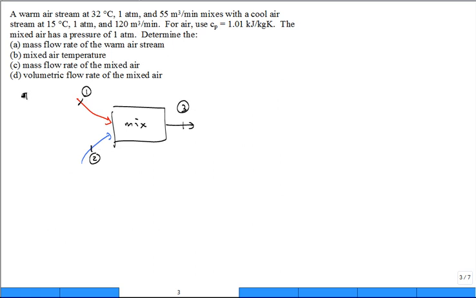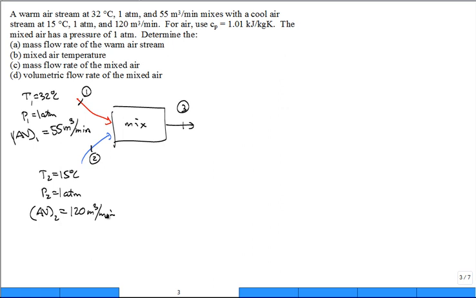We have the temperature at 1, 32 degrees C, pressure at 1 atm. The volumetric flow rate, that's AV1, is 55 meters cubed per minute. Then it mixes with T2, 15 degrees C, P2, 1 atm, and a volumetric flow rate of 120 meters cubed per minute.